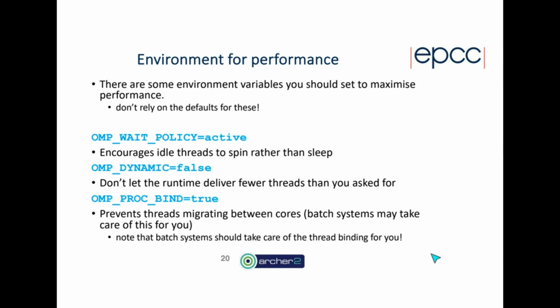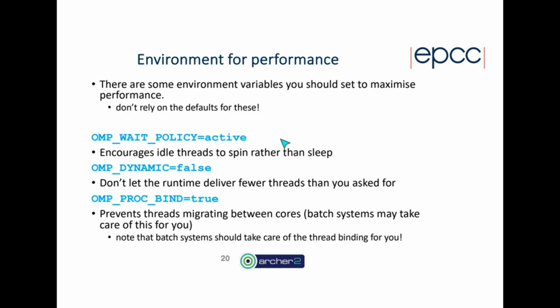Some of the OpenMP environment variables can affect performance, and you might want to consider setting them, or at least check that the defaults are the right ones, because the default values are typically implementation dependent. There are a few of these.